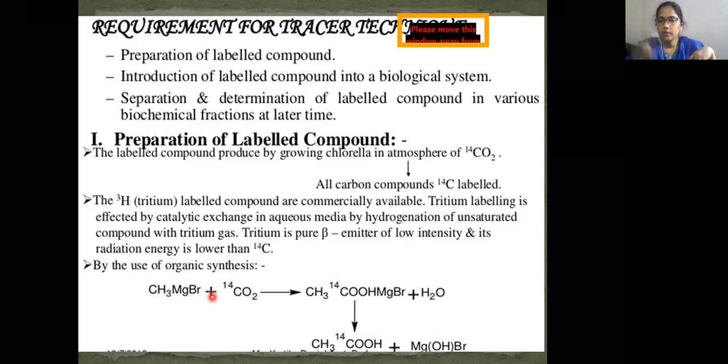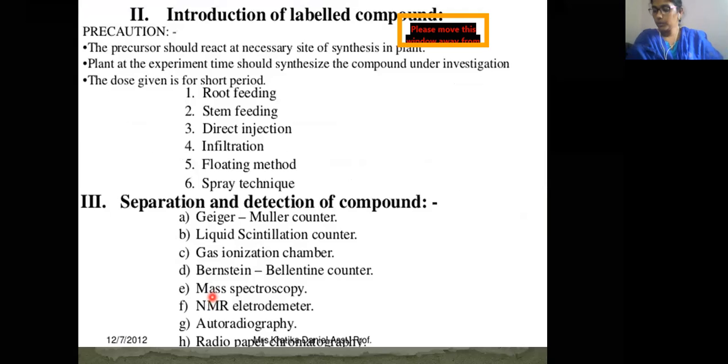Okay, 14 plus 1 is 15. So nitrogen 14 and one hydrogen, total 15 there. Here also we are getting the 15, right? So on bombarding two in the nuclear reactor, this also leads to the formation of other isotopes. Okay, so like this also we can prepare the labeled compounds.